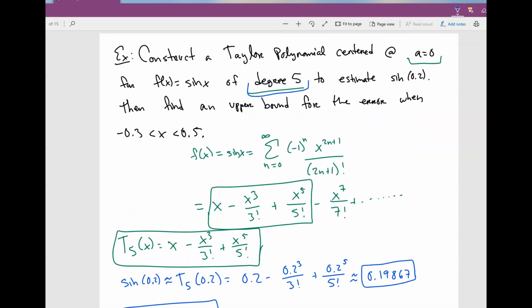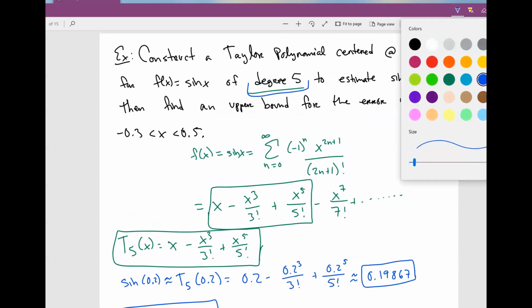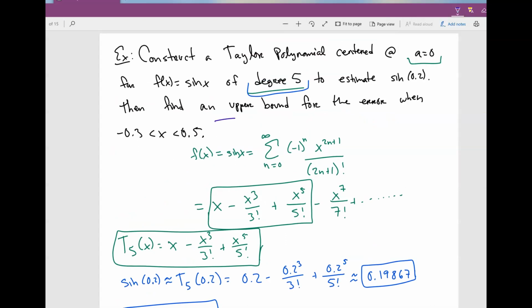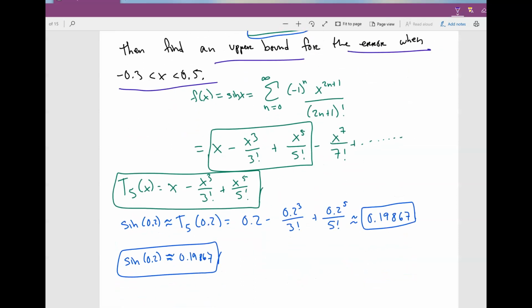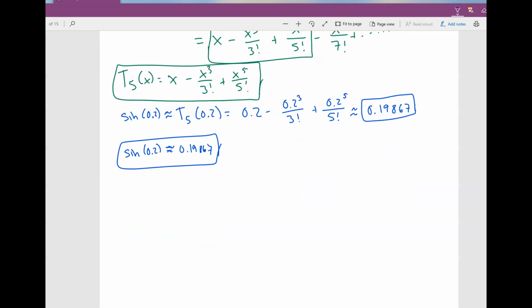Now we're not done yet, because we want to find an upper bound for the error when x is between negative 0.3 and positive 0.5. So let me write that we want x to be from negative 0.3 to positive 0.5.